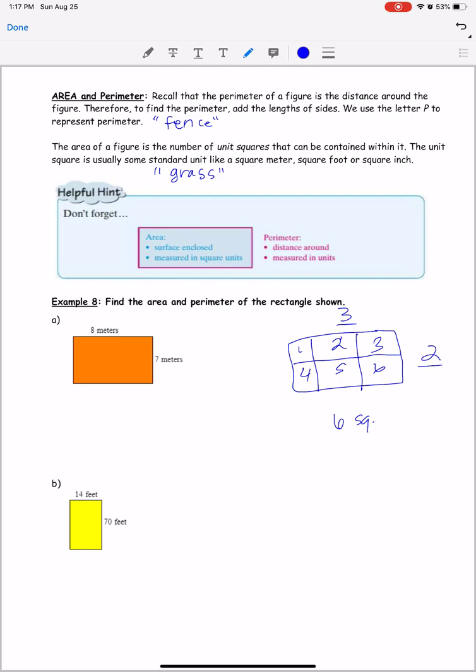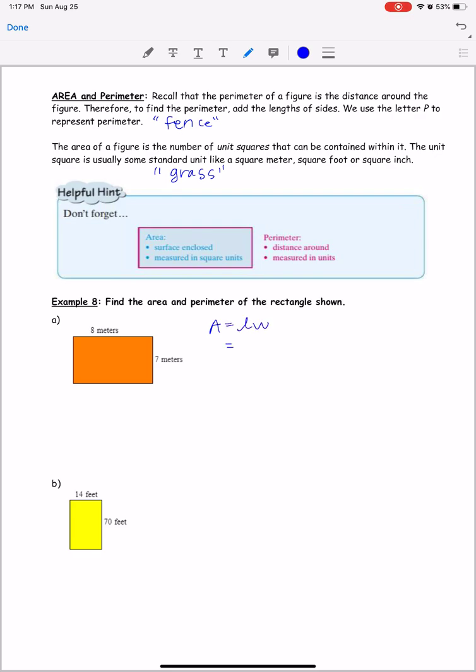Let's back way up. Example 8 tells us to find the area and perimeter of the rectangle shown. I'll find area first. Area is length times width. It does not really matter which one you call your length or your width. Length is usually longer, so I'm going to call my 8 the length, times my width of 7.